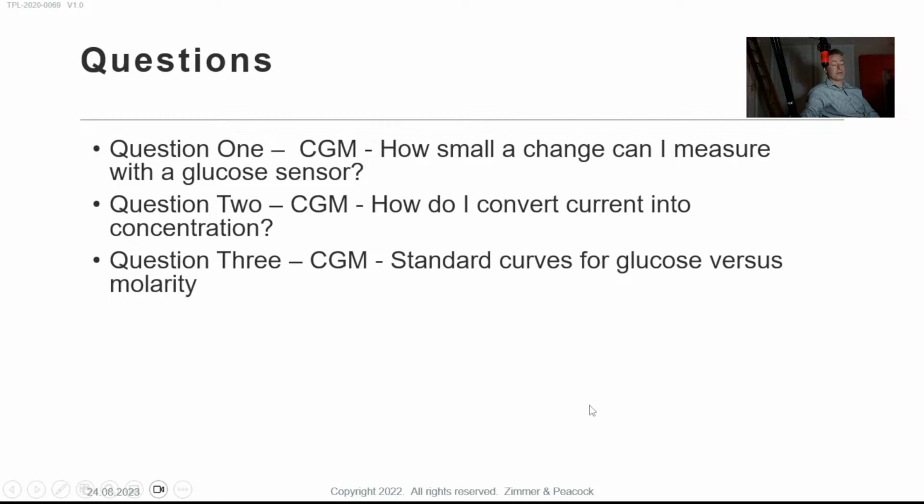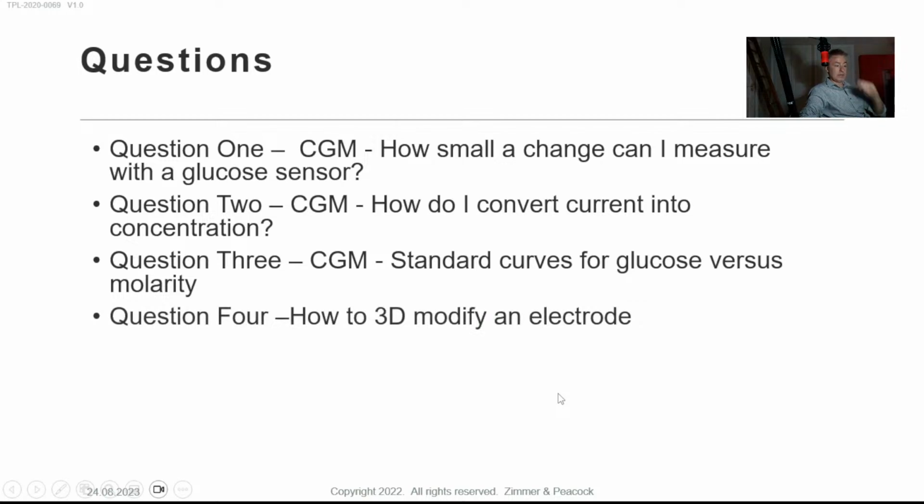Question number 3 is really linked to number 2. You create what's called a standard curve with glucose signal or current versus concentration. I'll describe that. Question 4: how to modify, or how to 3D modify, an electrode. So if you have a new material and you consider that it has some, let's say, special properties, then I think actually 3D printing onto a traditional, let's say, screen printed electrode is a good way of doing that step change and showing that you have some increased performance.